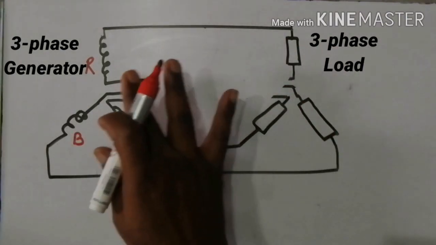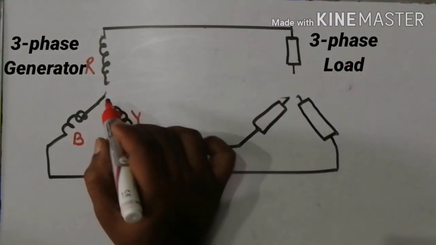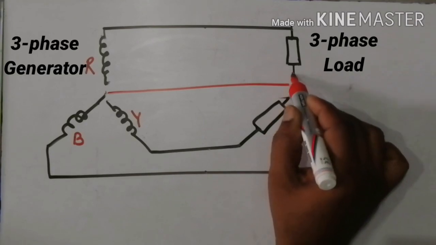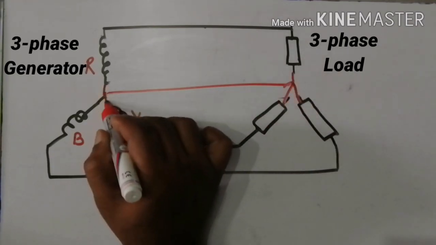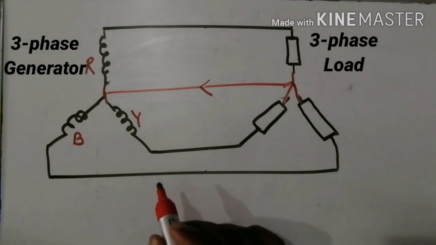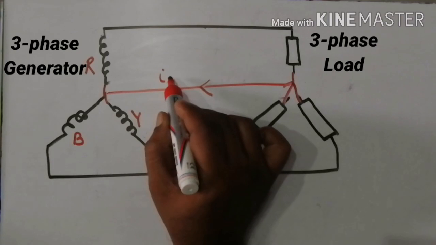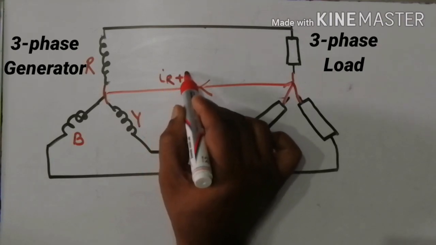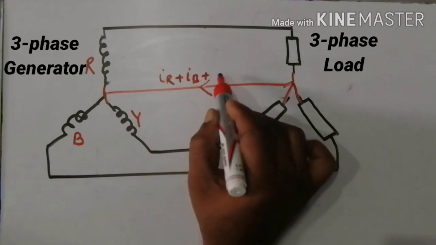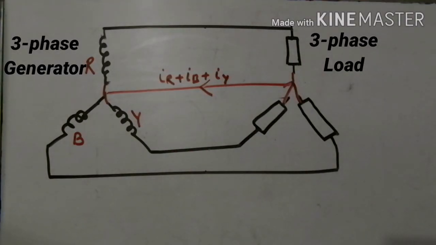Now I am combining this one, right? We can combine all 3 return conductors together to form a single conductor containing the currents IR, IY and IB, right?